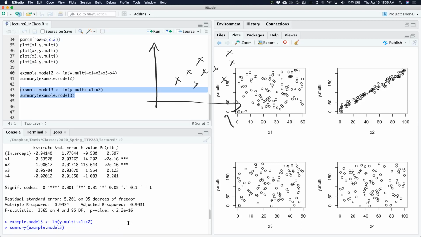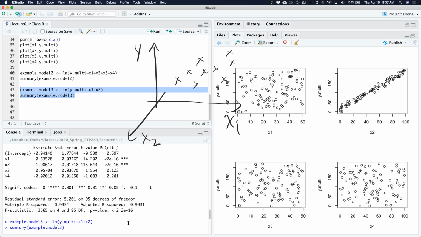So if this is x1 and y, you can imagine that if I were to include a new variable, I now have an extra degree of freedom to play with, which means I can have another parameter with which to explain the variation.